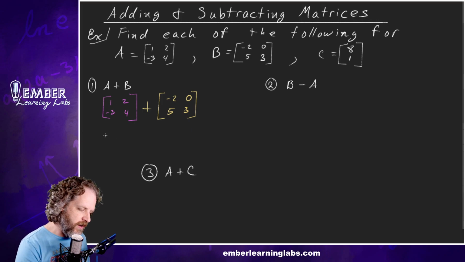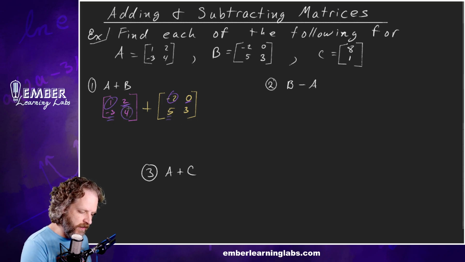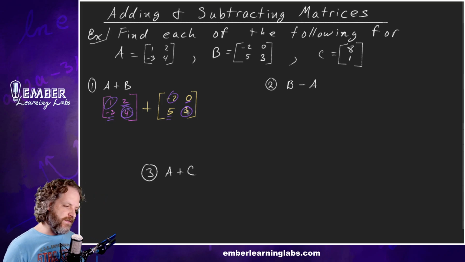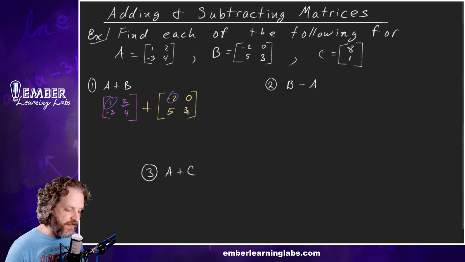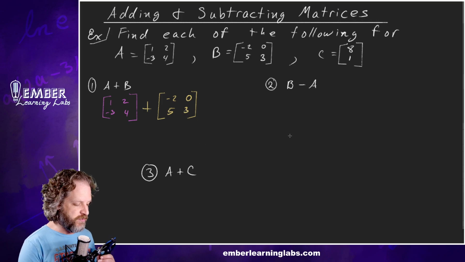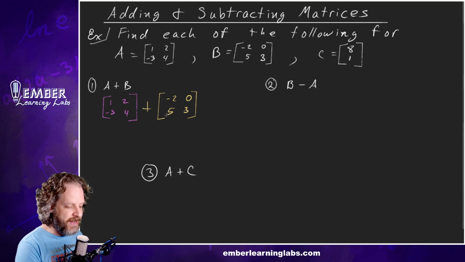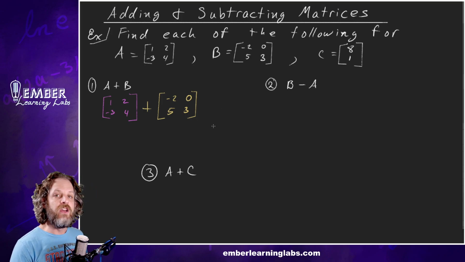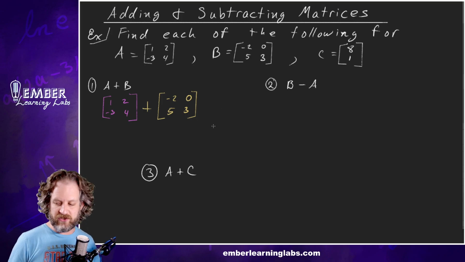We add this one plus this one, and so on for each position. When we're adding two matrices together, and this is important for later operations, you end up with a matrix answer, okay?